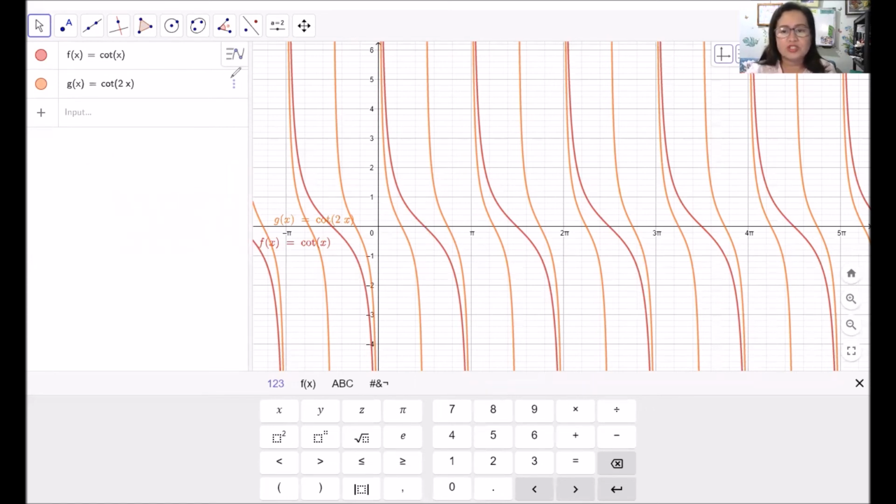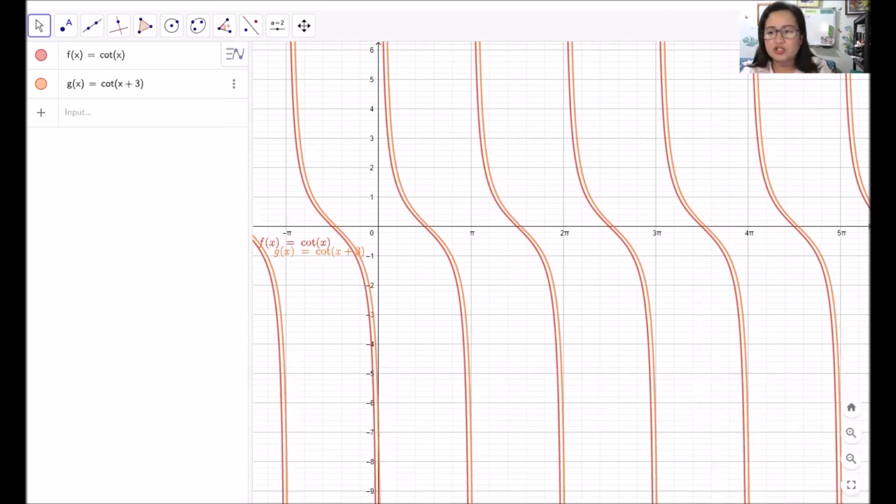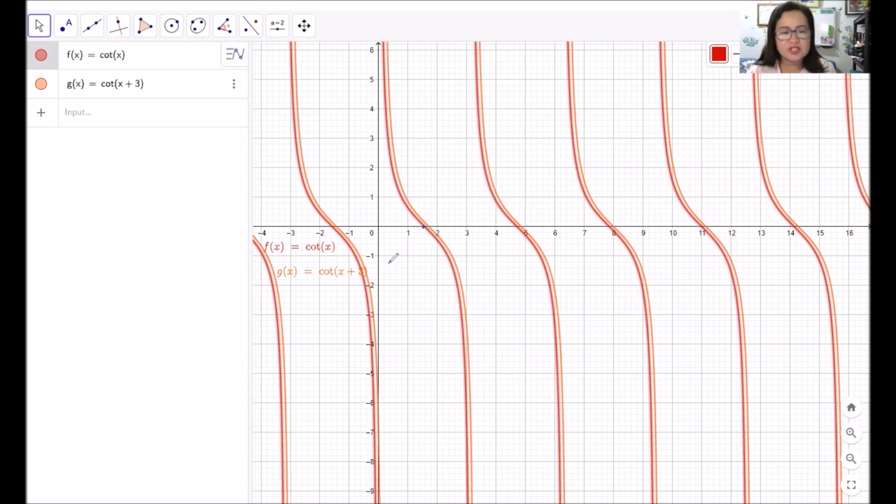Now let's have a change in the value of d. What if we have x plus, let's say, 3? So we also change the units. If we have x plus 3, what will happen to the graph? Let's get a point on this.